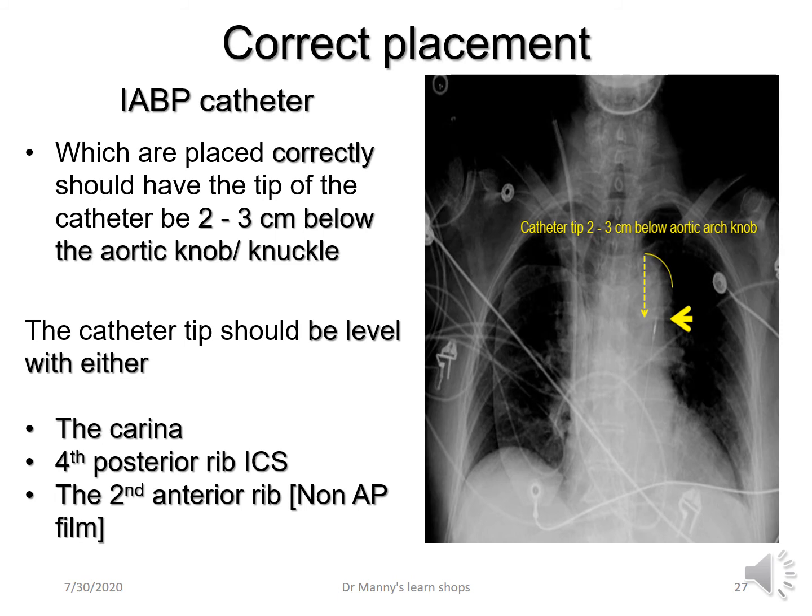But the catheter tip, as indicated on the X-ray, should be 2 to 3 centimeters below the aortic arch or knob, indicated by the crescent curve. And the arrow is indicating the radio-opaque tip.